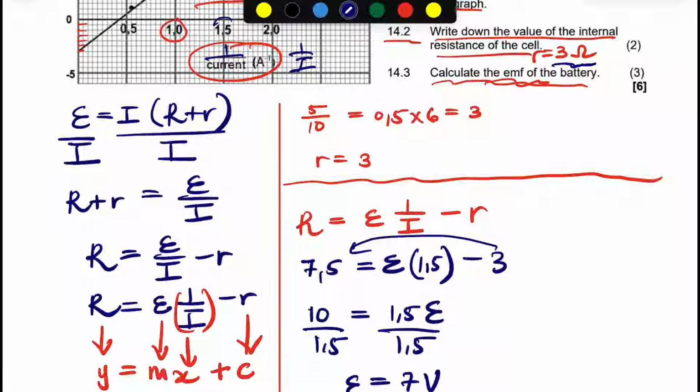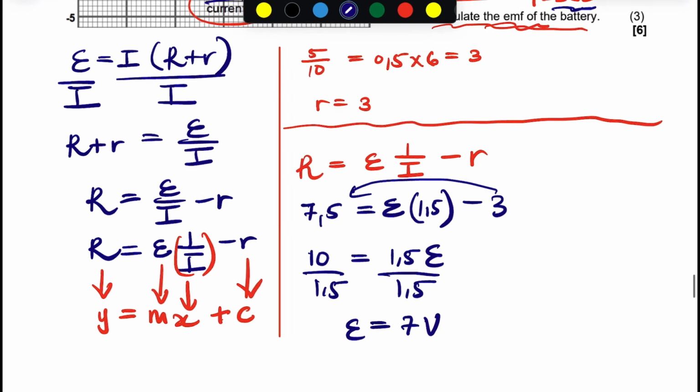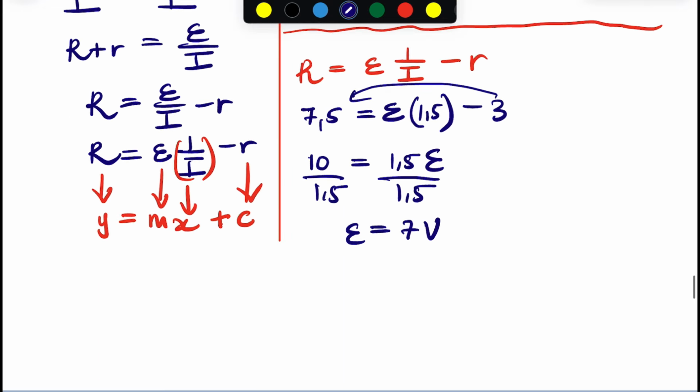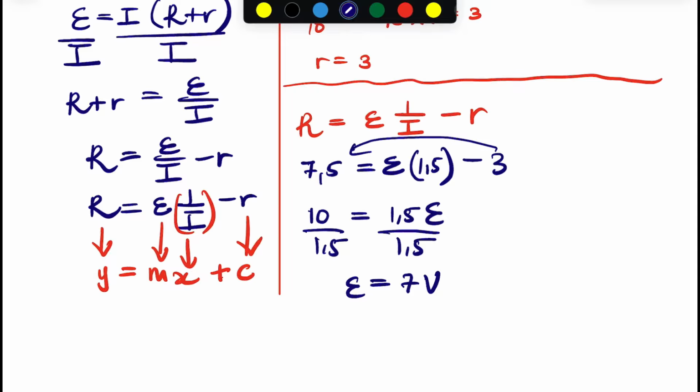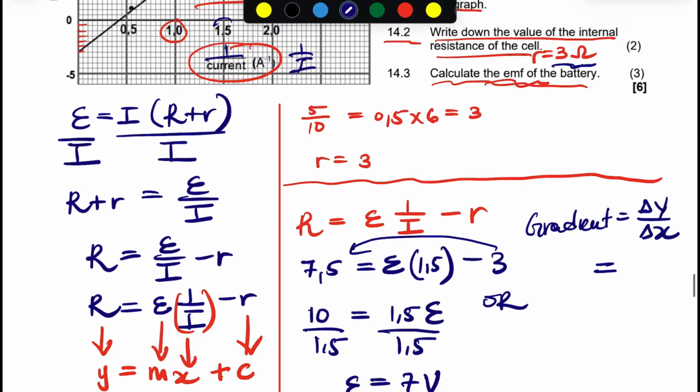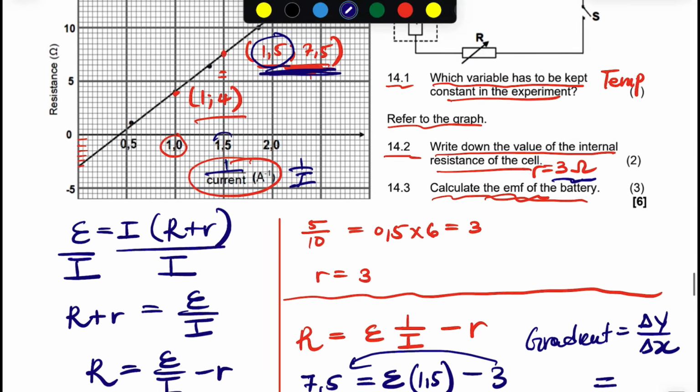Guys, I hope that makes sense. Let me show you another way of doing that. I'll use the gradient now, which is change in y over change in x. I'll take those 2 points.